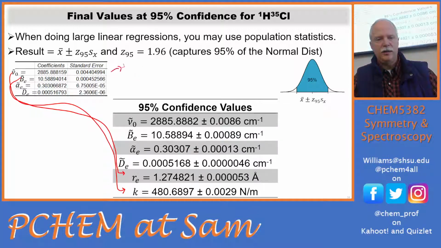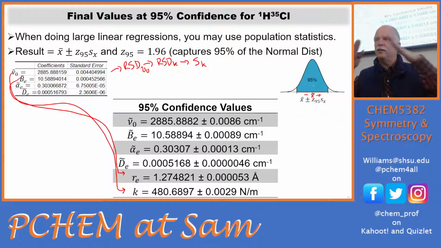So we take these, we go to RSDs for nu zero, then we get RSD for K, then we get S for K. Once we have S for K, then we can calculate these 95% confidence intervals. These take that average value plus or minus some range that's going to capture 95% of this uncertainty curve, okay? And this Z95 is 1.96.